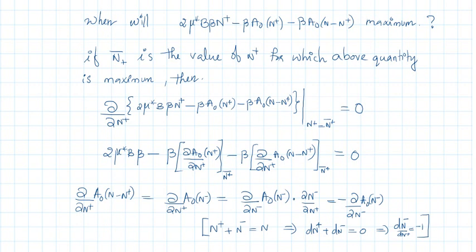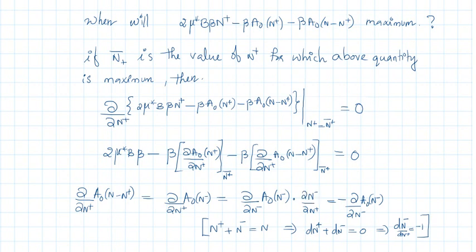It is dou by dou n minus of a0 of n minus, into dou n minus by dou n plus, using the chain rule. But n plus plus n minus is constant, the total number. So dn plus plus dn minus is 0, so dn minus by dn plus is minus 1. Substitute a minus 1 here.